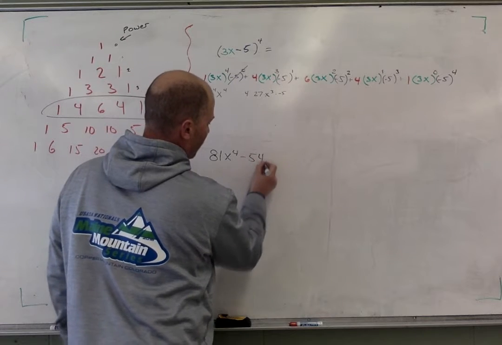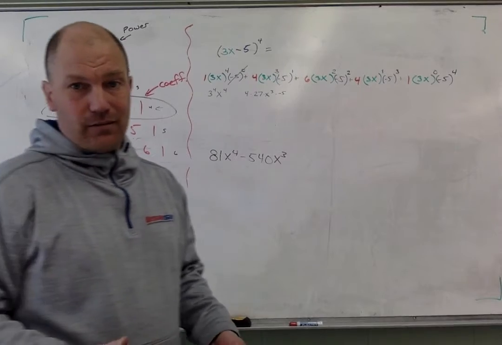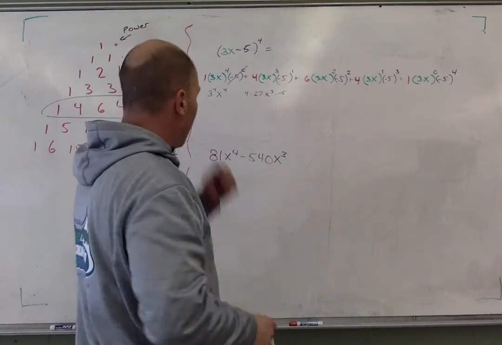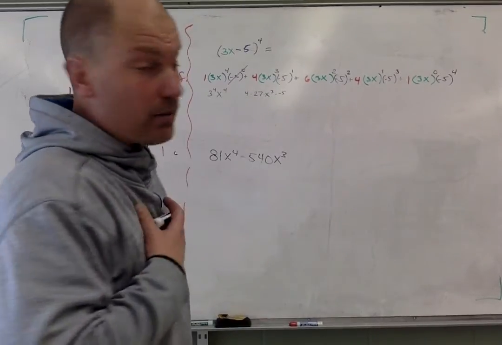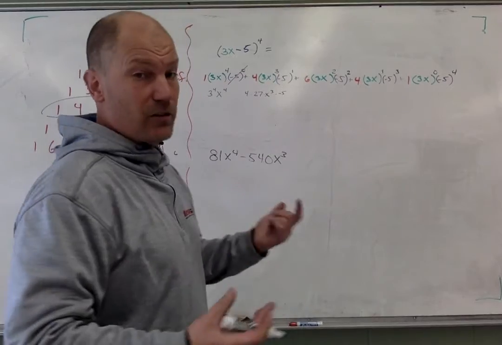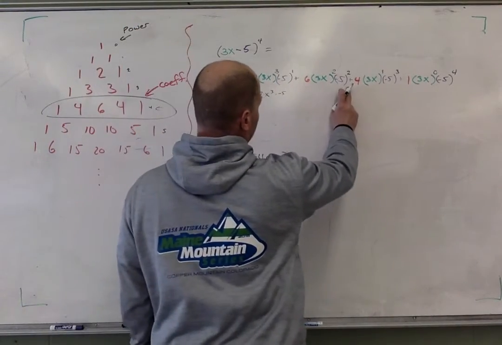Negative 540x cubed. And like I said, you can use a calculator. There's no reason why you can't. So that's negative 540. And if I've made a mistake, if my arithmetic is wrong, I apologize, but you're following the process. And let's do the next one.